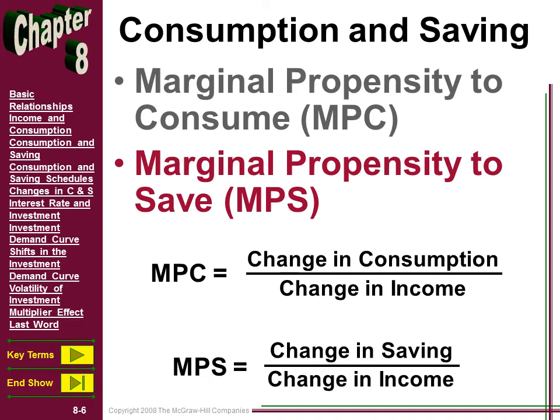Will they consume? And if income goes up, how much of the additional income will they save? And just like in the other examples of average propensity to consume and save, we're going to use some real numbers to clarify this exact idea so you have a better understanding of marginal propensity to consume and marginal propensity to save.